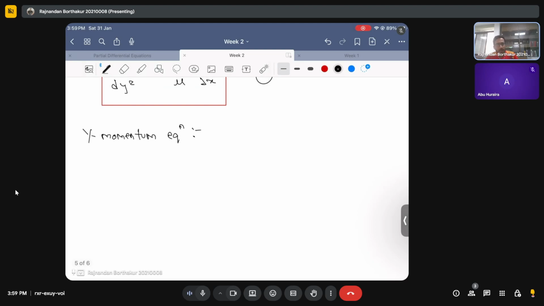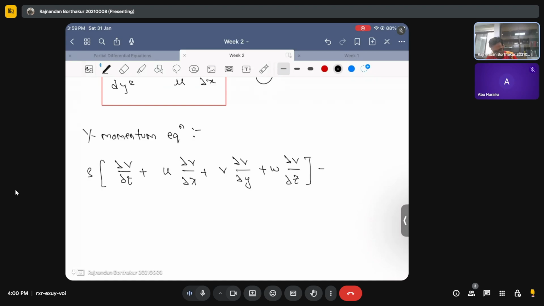Let's write the y momentum equation just how we wrote the x momentum equation. It will become rho times del v del t, where v is the y component of the velocity, plus u del v del x plus v del v del y plus w del v del z.